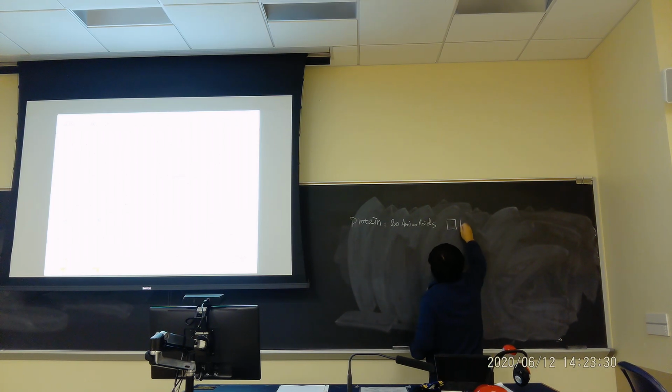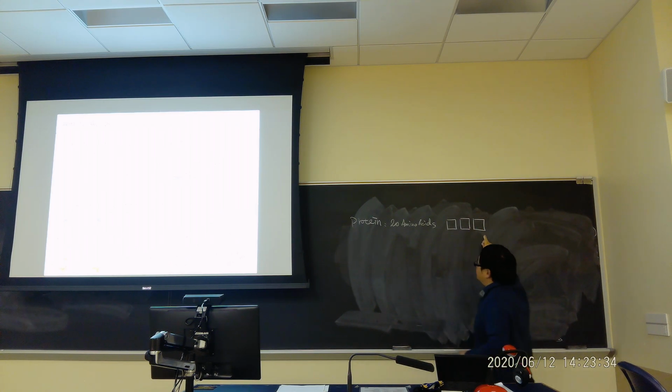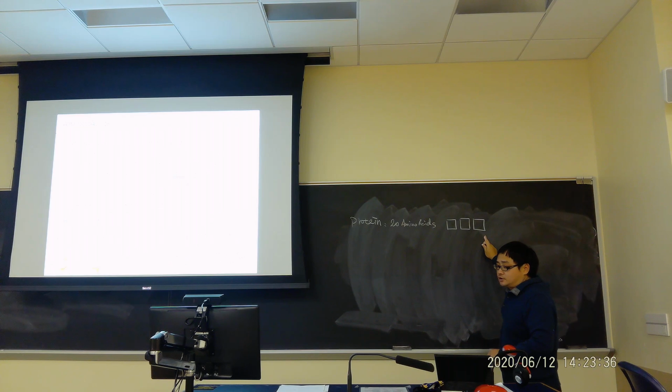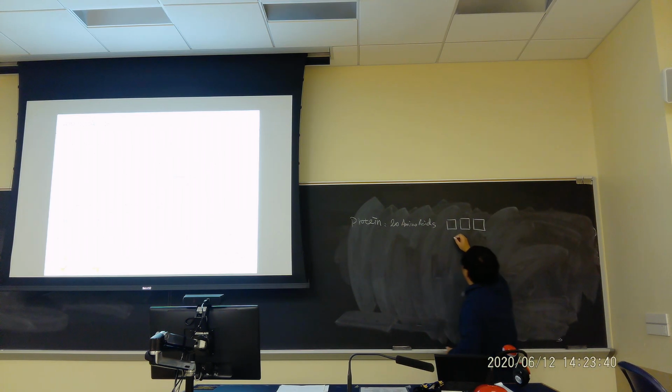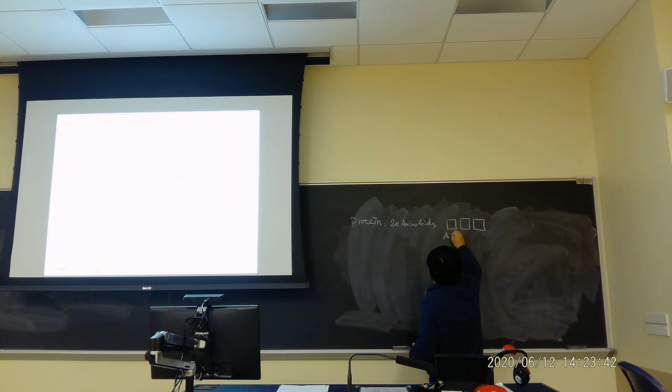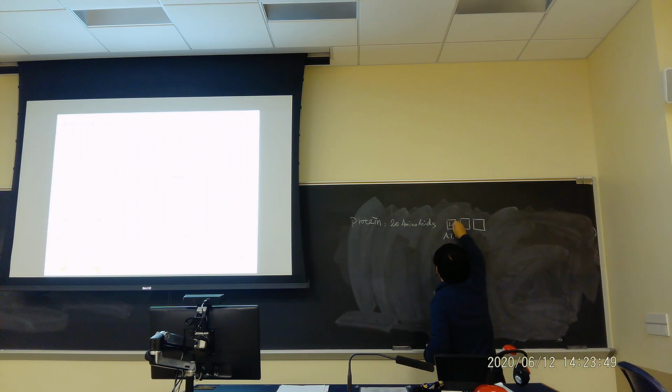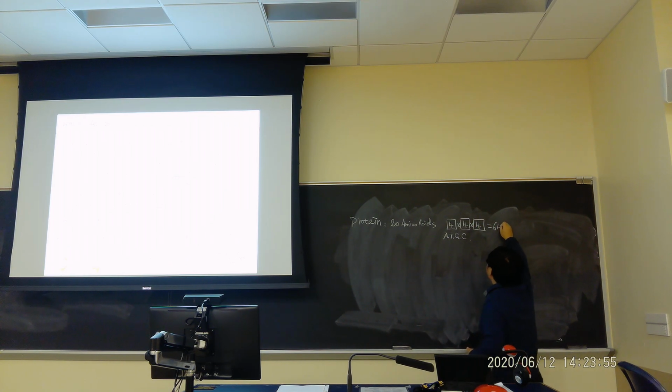Now, let's do some math. How many gene codes do we need? Remember, 3 letters of the gene code translate into one amino acid. Each position could be A, T, G, or C. This is like a very good math puzzle. So how many possibilities? 4 multiplied by 4 multiplied by 4 equals 64.